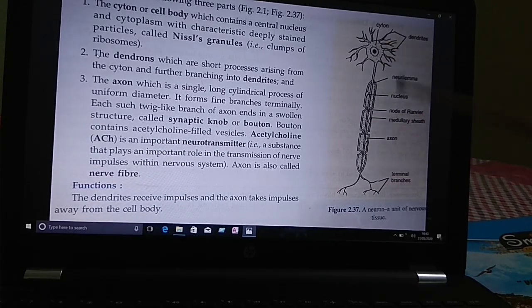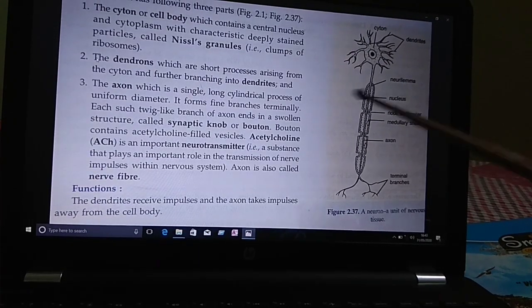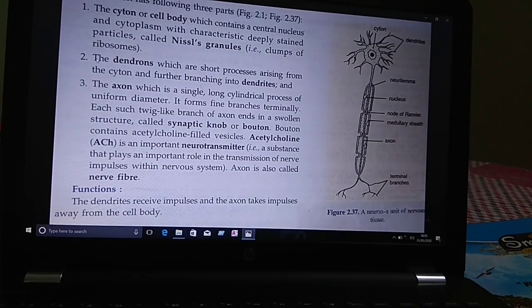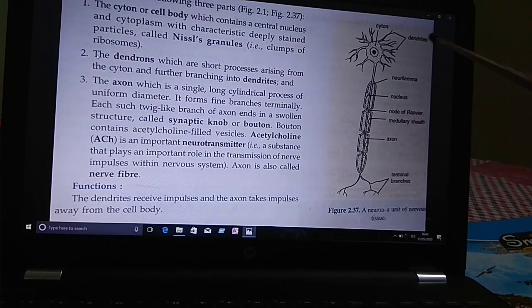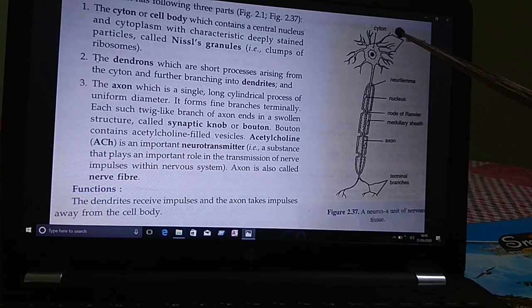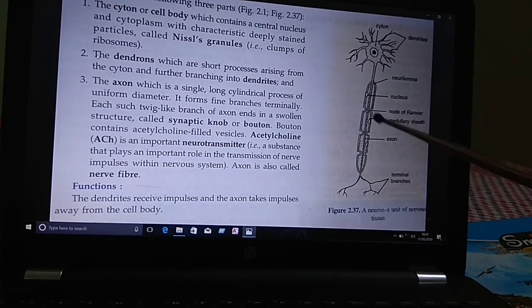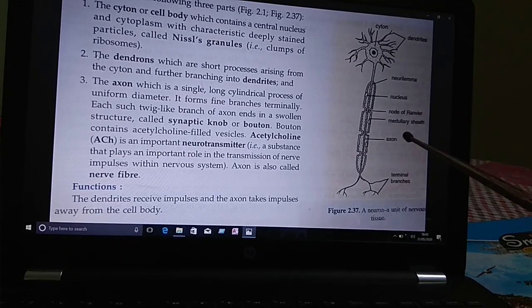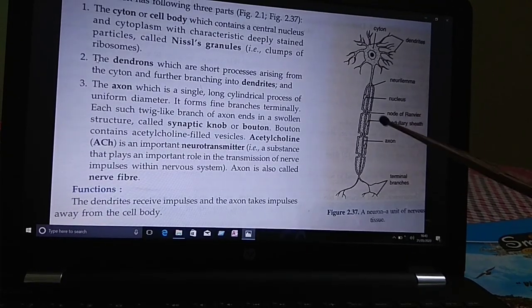The main function of the neuron: the dendrites receive impulses and the axon takes impulses away from the cell body. Okay, this one is the dendrites. It receives whatever impulses or messages, and this axon's main function is to take impulses away from the cell body.